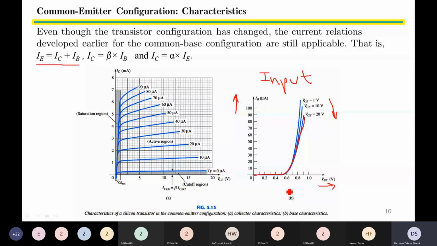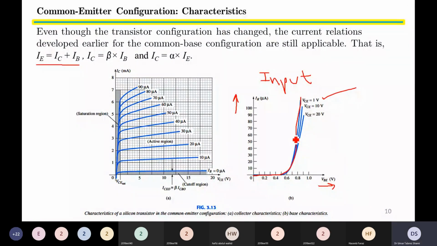Now this base current will have separate values for separate voltages of collector emitter. That is, in the first case when VCE is set to 1 volt, the base emitter current will flow.